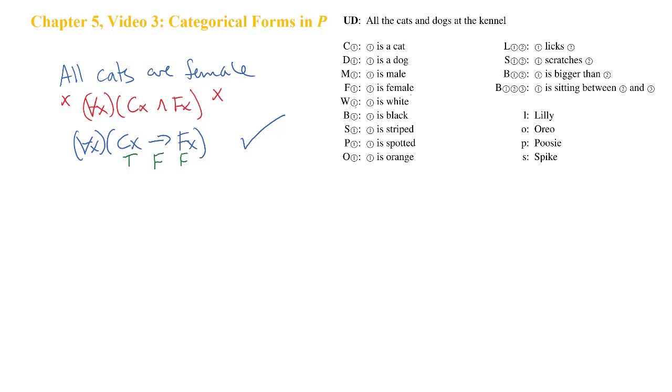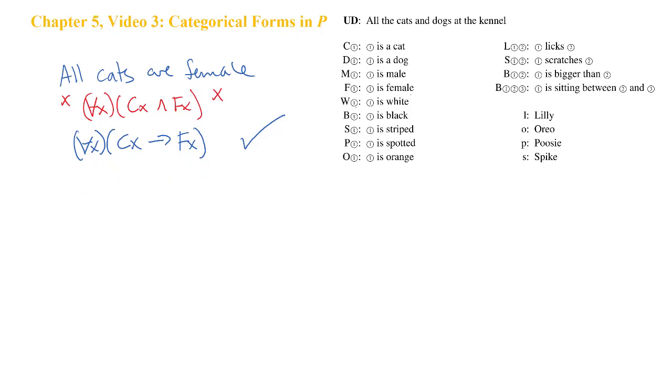So there would be at least one object for which this statement is false, which means that the universal claim has to be false. So if there's at least one male cat, or at worst non-female cat, our translation would be false, which is what would be the case for the English too, so that is correct.